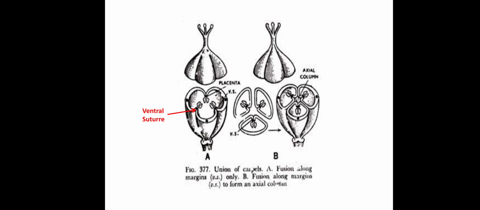So this is just a fusion along the margin, shown in figure A, whereas figure B shows the fusion along the margin to form an axial column. So the extension of the ventral suture, when the carpels fuse with each other, forms an axis or axial column. This way the placentation occurs.